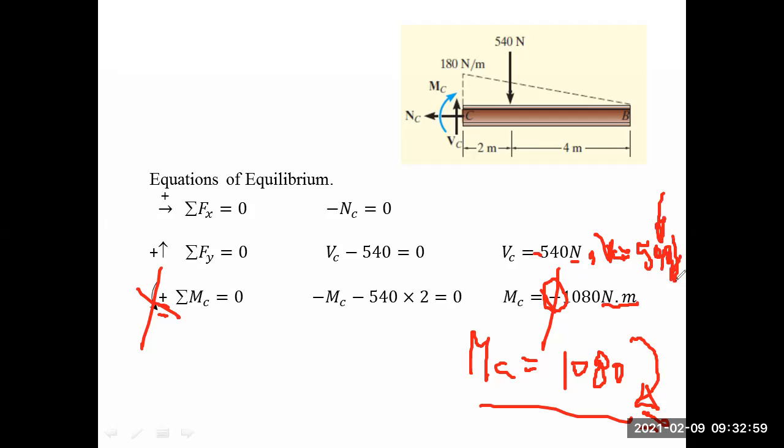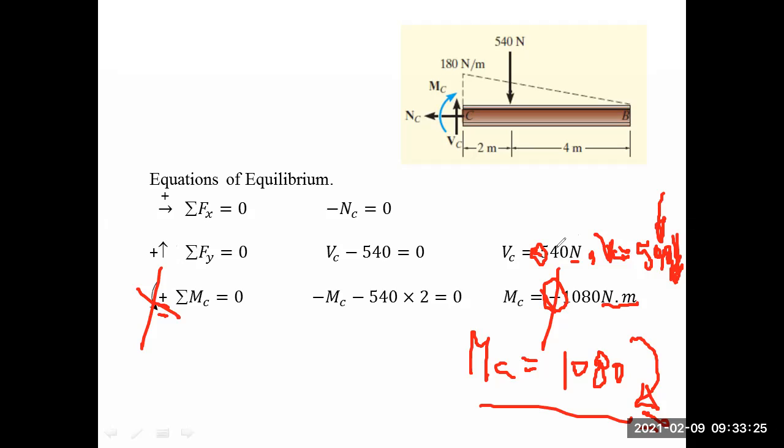You show the direction of the force. Once you get a negative sign, then you leave it and write it again down next to it, or below it. You write that V sub C is equal to 540 Newton positive, but downward, not upward, downward.